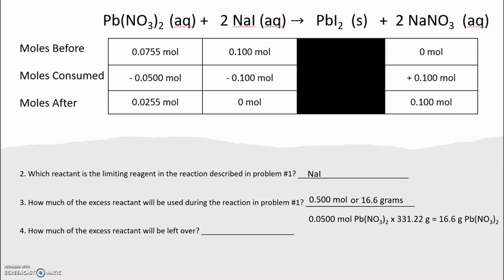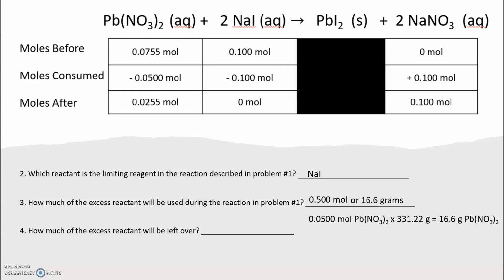Now, to determine how much of the excess reactant is left over, we'll take the amount of moles we had before and subtract the amount of moles consumed during the reaction, and that leaves us with the moles that remain after the reaction has gone to completion. So when we have our excess reactant, lead nitrate, we started out with 0.0755 moles, and we subtracted the 0.0500 moles that are used up during the reaction.